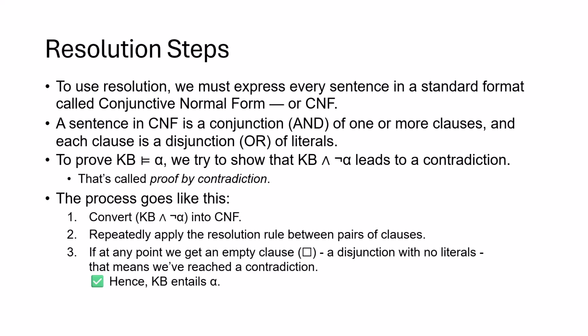Okay, so in summary, resolution is one rule for sound and complete reasoning, and works via contradiction. KB and not alpha, you have to show that creates a null clause. And it works by CNF conversion. Without the CNF form, it will not work. And it's the foundation of modern logical AI-based systems.